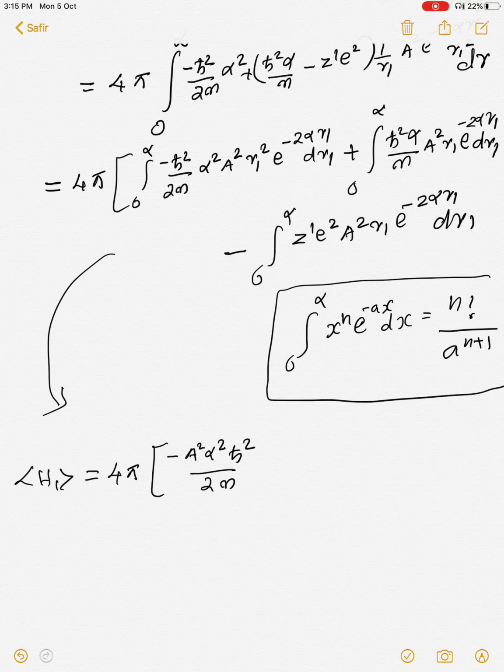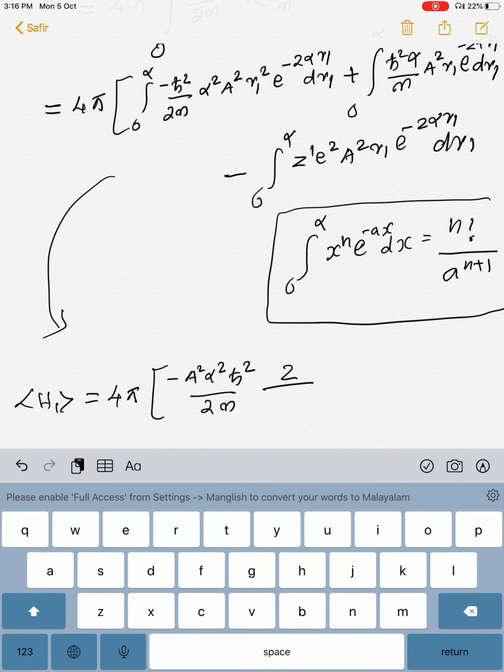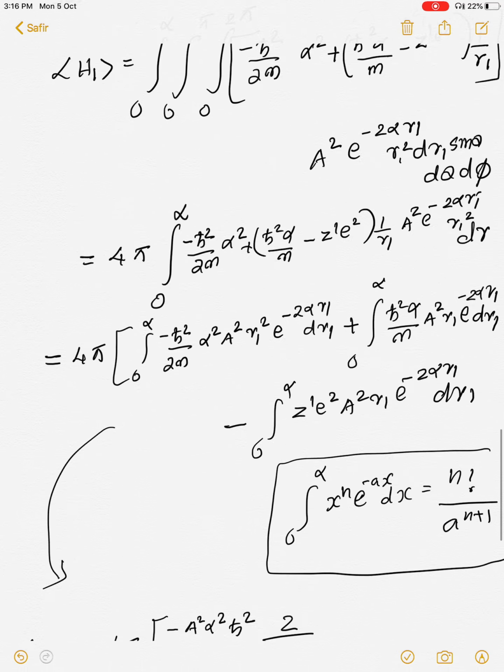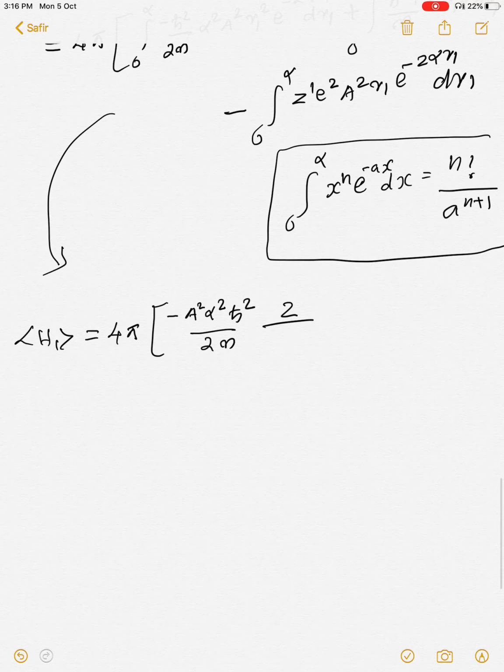That integration is in the same form as the standard integral, so x raised to n is r square, n is 2 here, so 2 factorial, which is nothing but 2, by a, and here a is 2 alpha, a raised to n plus 1, 2 plus 1 is 3.